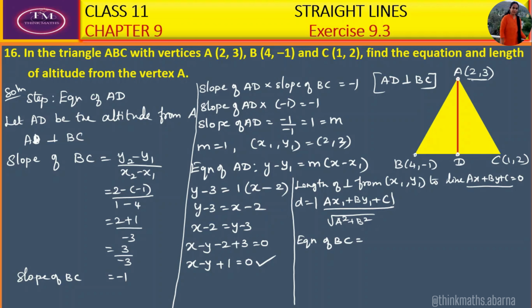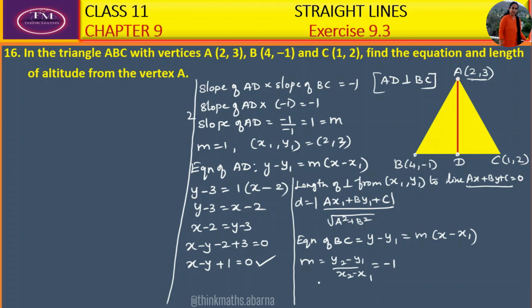As we have 2 points, it is nothing but y minus y1 equal to m into x minus x1. Here m is equal to y2 minus y1 divided by x2 minus x1. Already we found the slope of BC, which is -1.